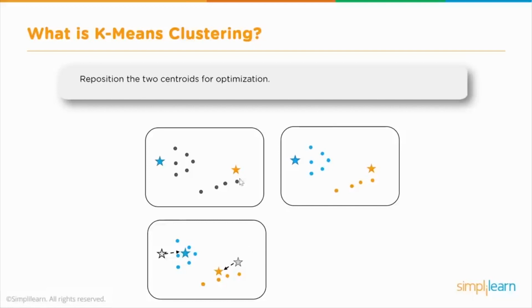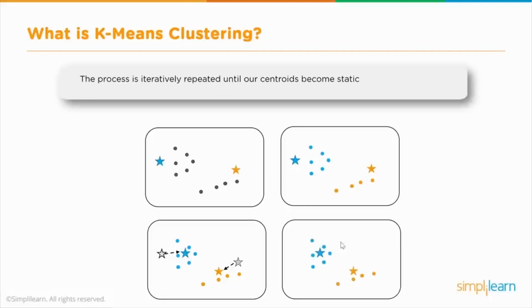So this process is continued till the centroid repositioning stops, and that is our final cluster. After iteration, we come to this situation where the centroid doesn't need any more repositioning, and that means our algorithm has converged.